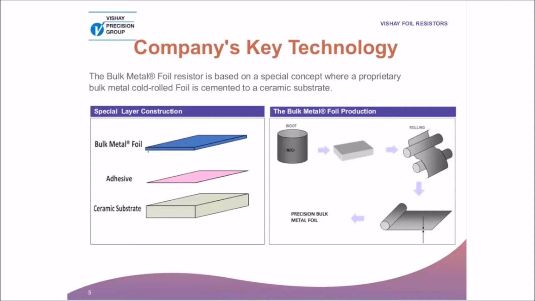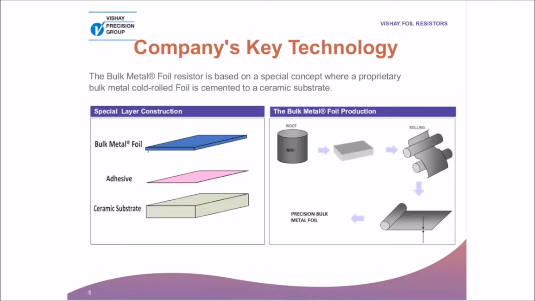In this slide, we show the construction of a bulk metal foil resistor. On the left-hand side, you can see that we use a special layered construction, which consists of the resistor element itself, which is made from bulk metal nickel chromium foil, which is then bonded to a ceramic substrate. If we look on the right-hand side, we can see the production method of the bulk metal foil.